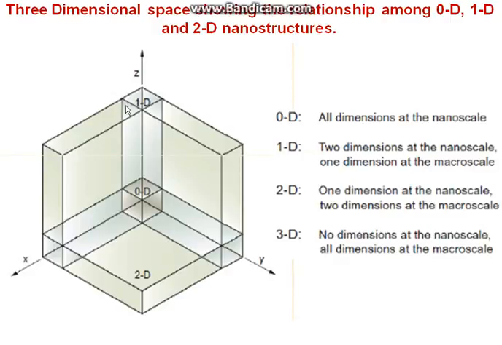So 1-dimensional nanomaterial, 1 dimension not in the nanoscale, meaning 2 dimensions in the nanoscale, this region of your cube here. Moving on to 2-dimensional nanostructures, 2 dimensions not in the nanoscale, meaning only 1 dimension in the nanoscale, this particular region of your figure. And examples you would recall are nano coatings, nano films, or nano layers, wherein just the thickness is probably in the nano regime and the other 2 dimensions are in microns.